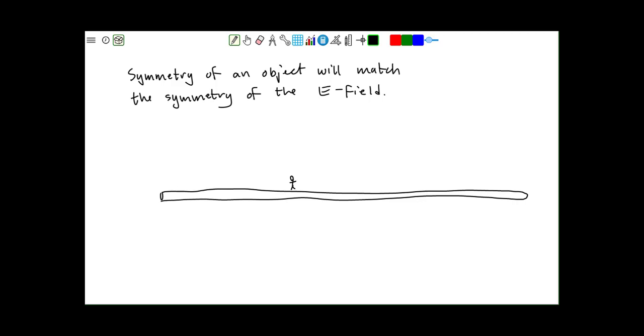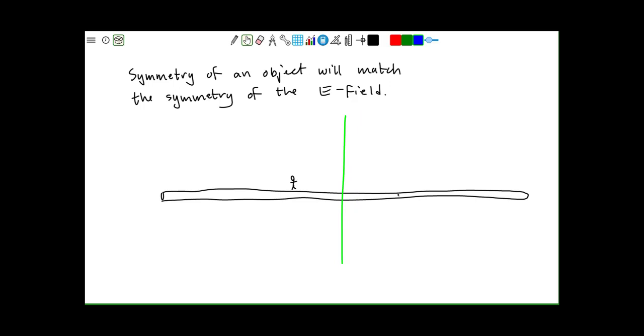Well, let's take an axis that passes somewhere through this wire. Because this wire is so long, it doesn't matter where we place the axis. The wire, for all intents and purposes, can be modeled as an infinitely long wire.